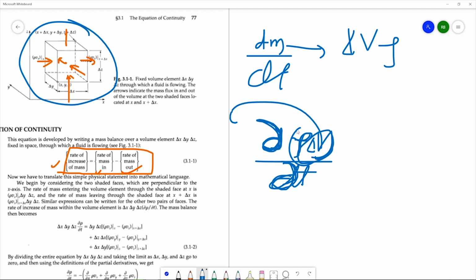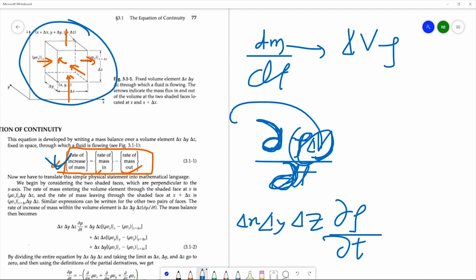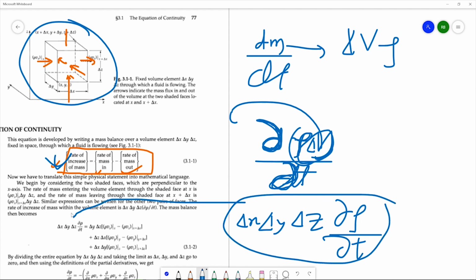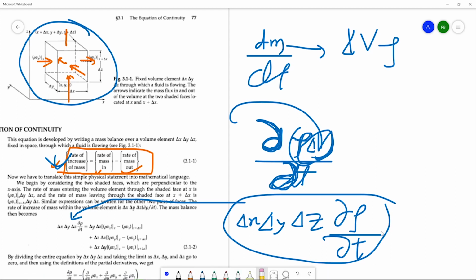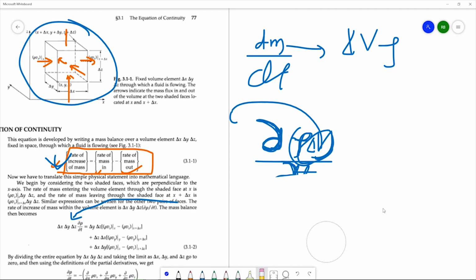The volume times dou rho by dou t is nothing but the accumulation. Remember this, keep it aside. So this is your accumulation.